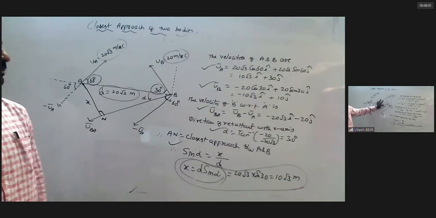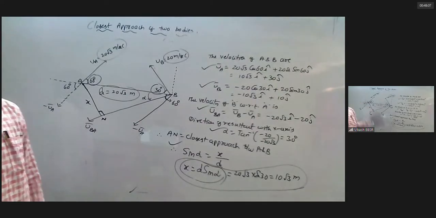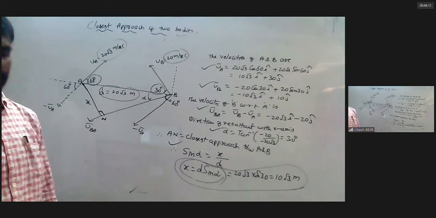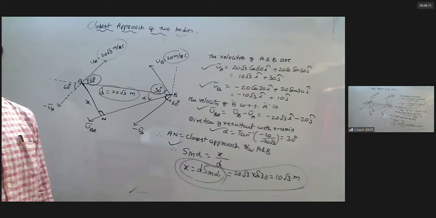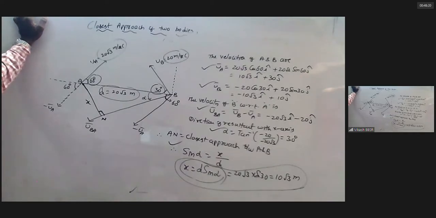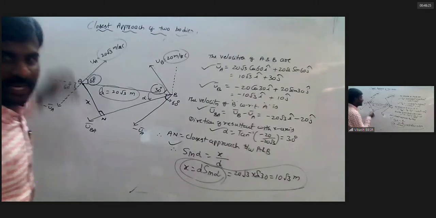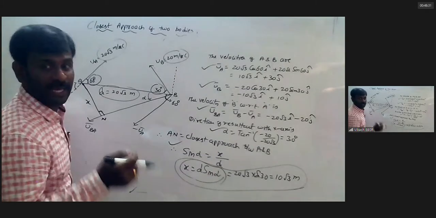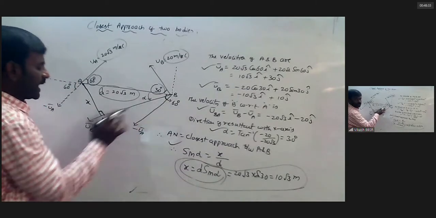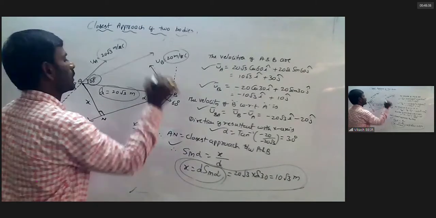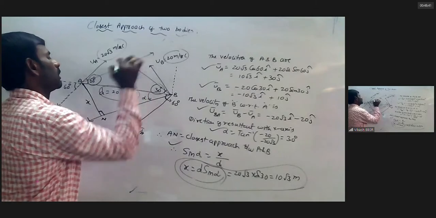This direction, take care. Direction, you take care. No need to do another one. Okay, you just share with me where is the distance here. This is UBA bar. Where is UAB bar? Its magnitude same, but the directions are reversed. Where is UB bar? This one. This is what?